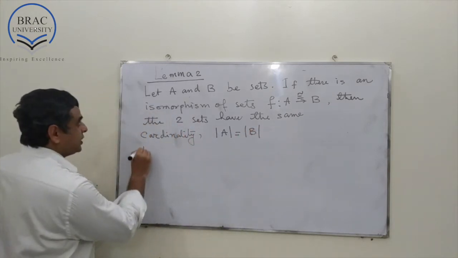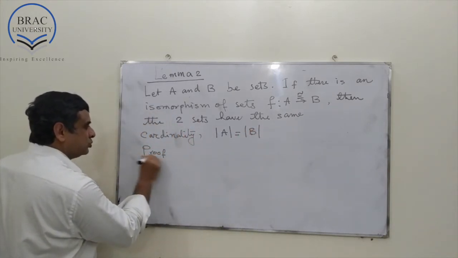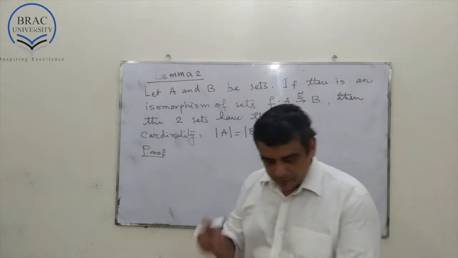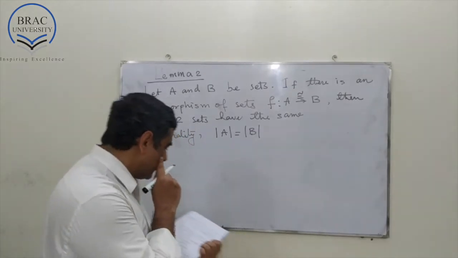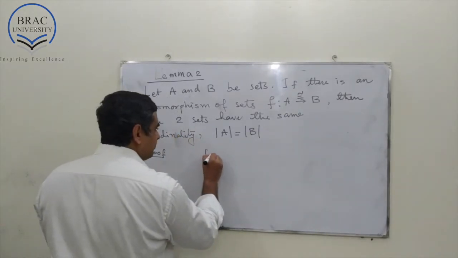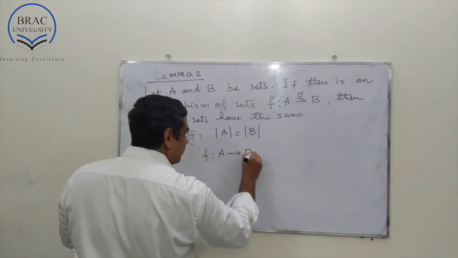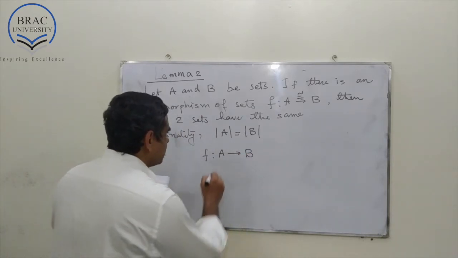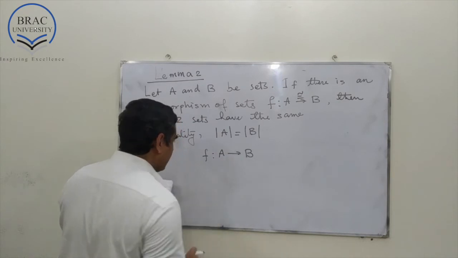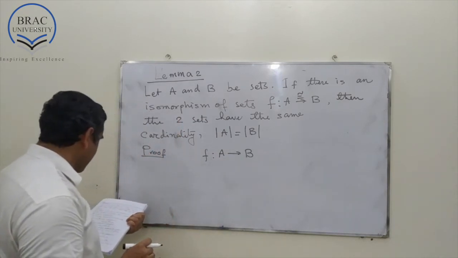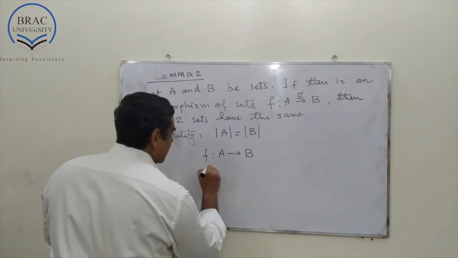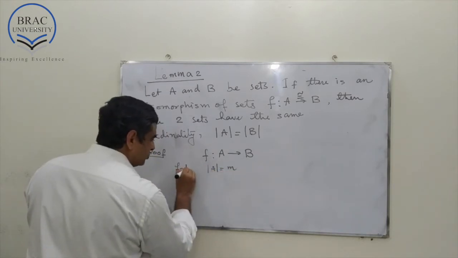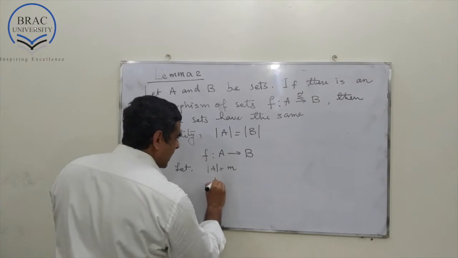Okay, so the stage of the proof. So how do we do the proof? We are given an isomorphism F from A to B. Suppose the cardinality of A and B are given by the natural numbers m and n respectively, meaning that the cardinality of A is m and the cardinality of B is n.